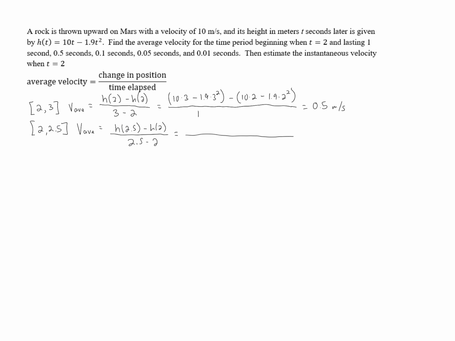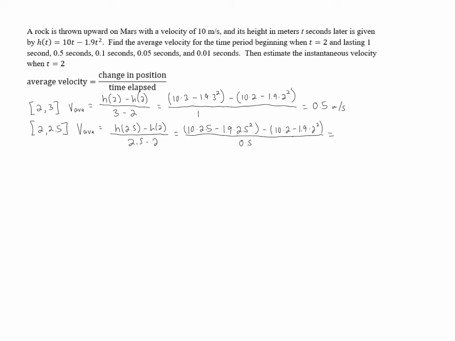So that'll be 10 times 2.5 minus 1.9 times 2.5 squared, minus the quantity 10 times 2 minus 1.9 times 2 squared, all over 0.5.